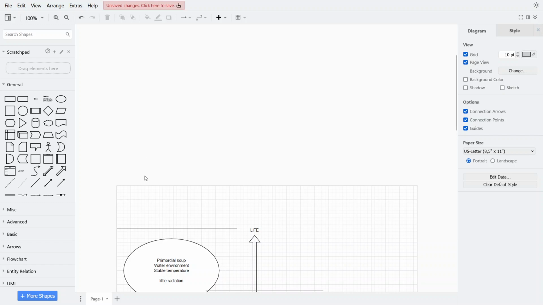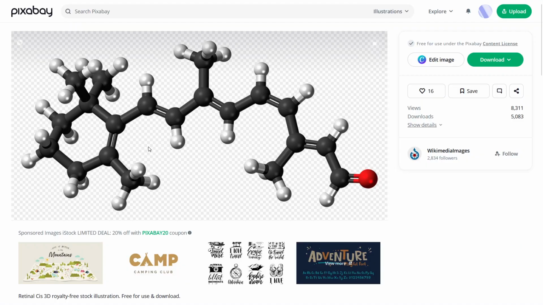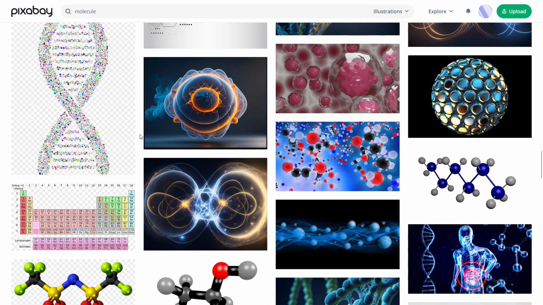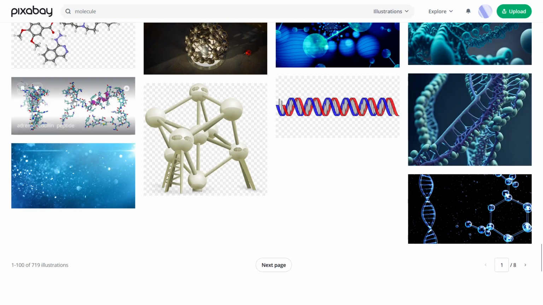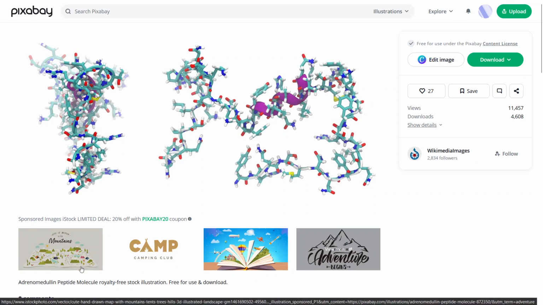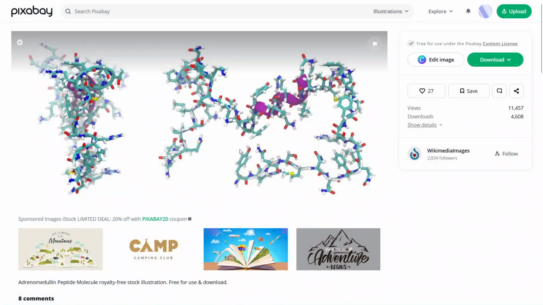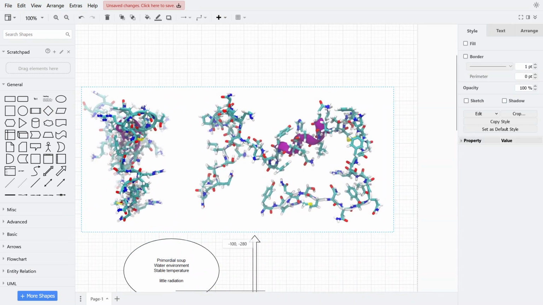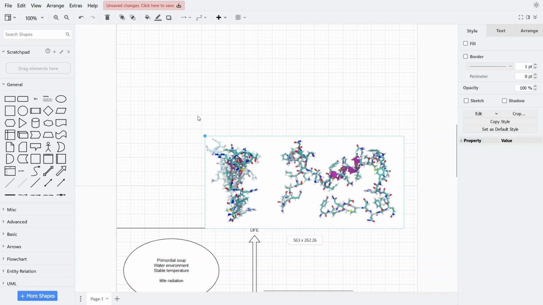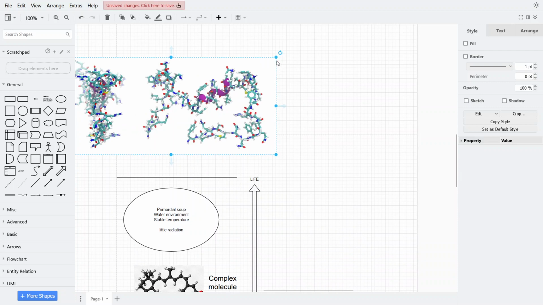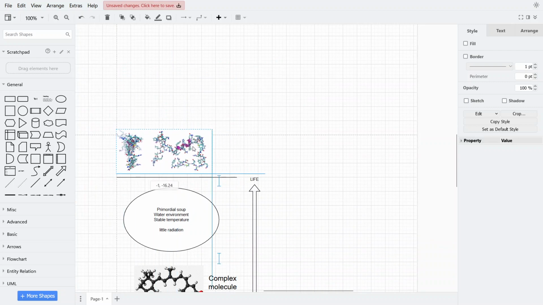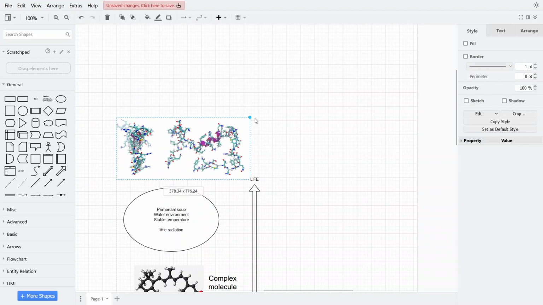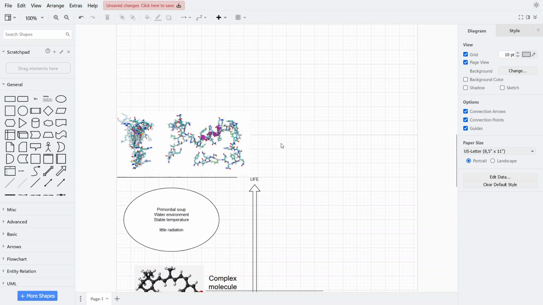So what I mean by that is that you have very complex molecules that essentially preserve themselves.